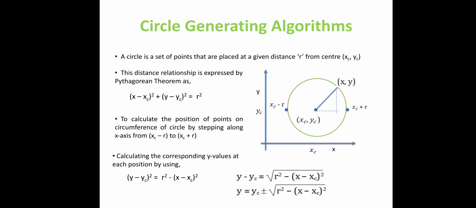After taking the square root, the equation is y minus yc is equal to the square root of this whole RHS, right? So now y becomes yc plus or minus, so y is equal to yc plus or minus the square root of r square minus (x minus xc) square. So in this way we can calculate the y value, and the x value is calculated like this, on the circumference of the circle. So this is all about finding the x and y coordinates of any point which lies on the circumference of the circle.